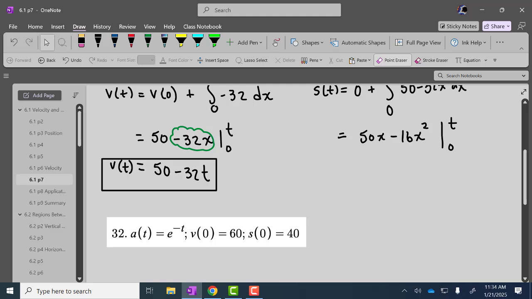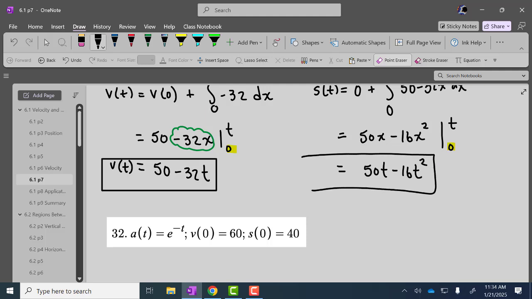Once again, that 0 is not going to contribute anything. Sometimes I'll just put a little mark there to indicate, oh yeah, this is giving nothing, right? When you plug it in, you get 0. Instead of always writing minus 0, sometimes we'll just not bother to write the minus 0 because it's unnecessary. So there is the position function.